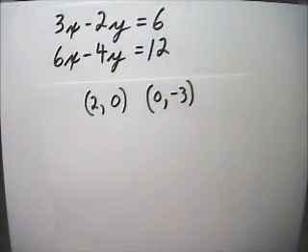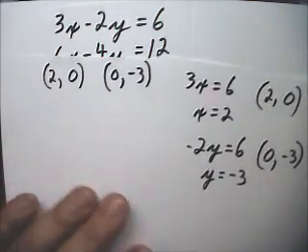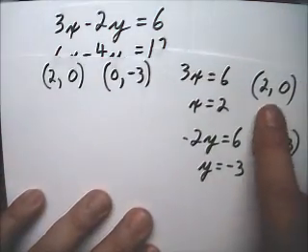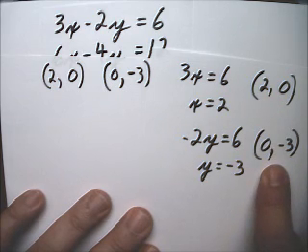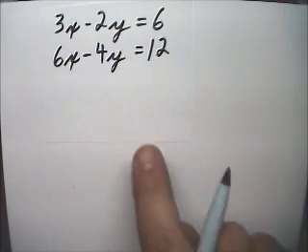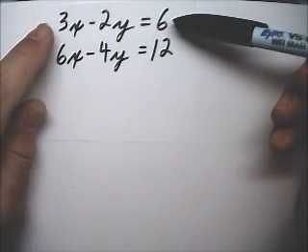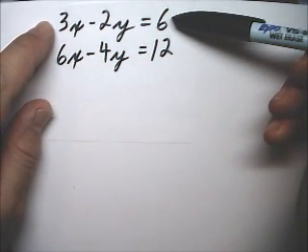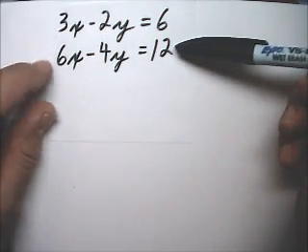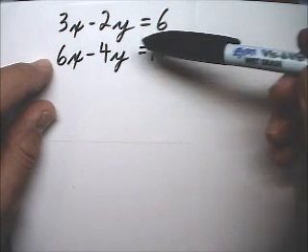Well, that should sound familiar. We've got the point (2, 0) and (0, -3). So these two lines are really the same line. And if you look closely here, if I multiply the first equation by 2, you end up with the second equation.